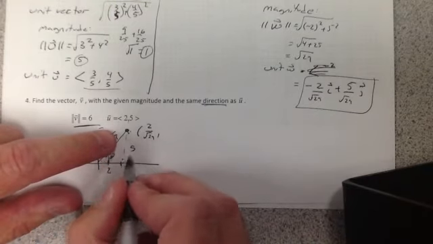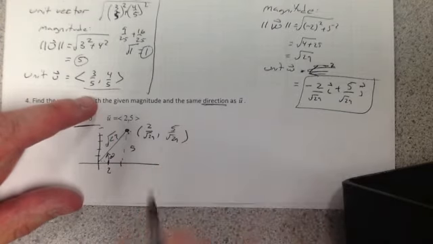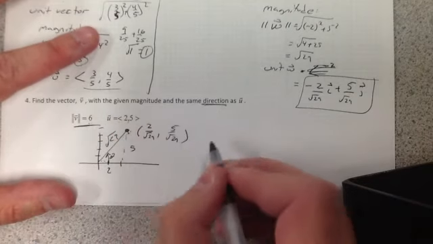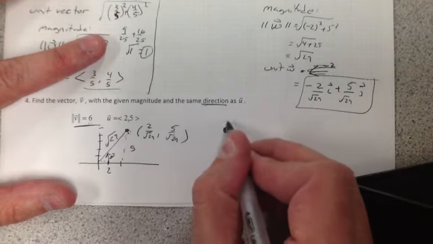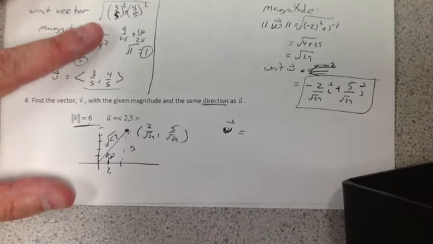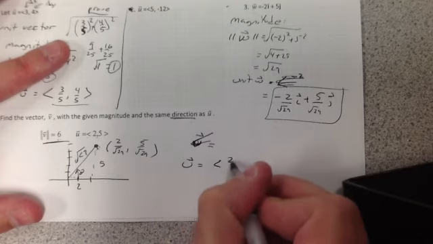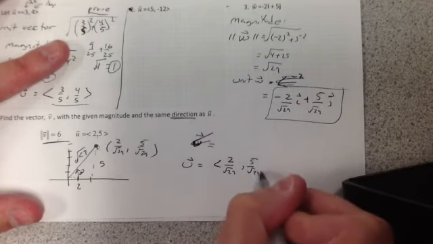Its sine value, which is the y value, is 5 over the square root of 29. So I want this now to be a length of 6. So my original vector u as a vector is 2 over the square root of 29, 5 over the square root of 29.